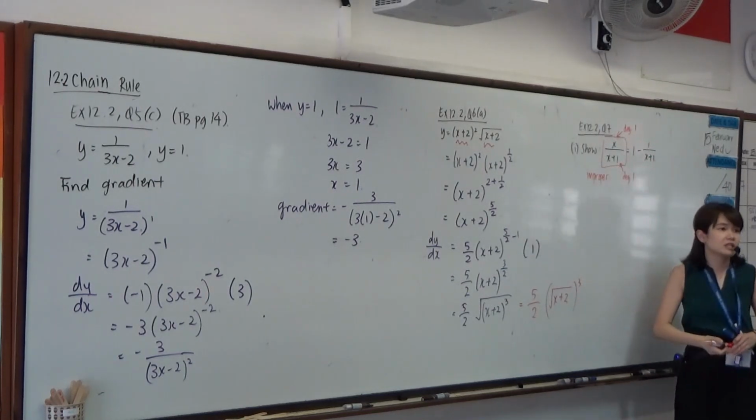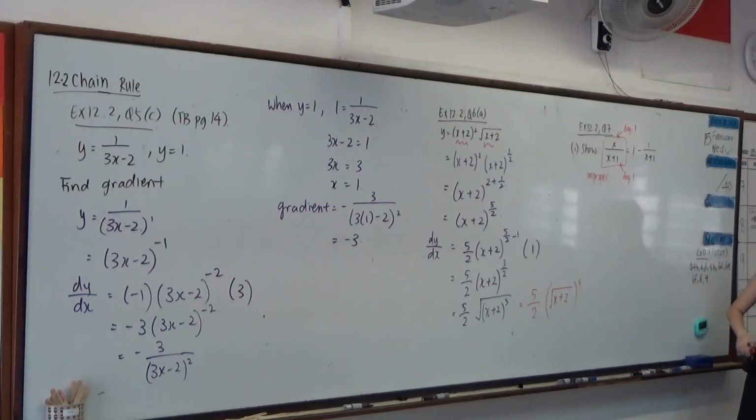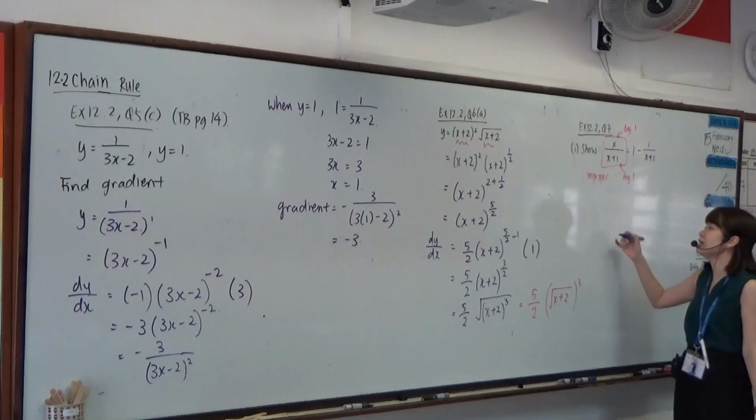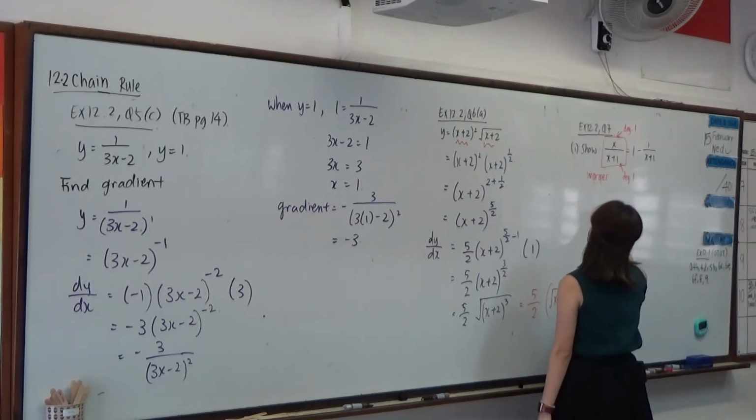For improper fraction, what must we do when we want to break it into partial fractions? You forget already. We must do long division. So improper fraction must do long division.